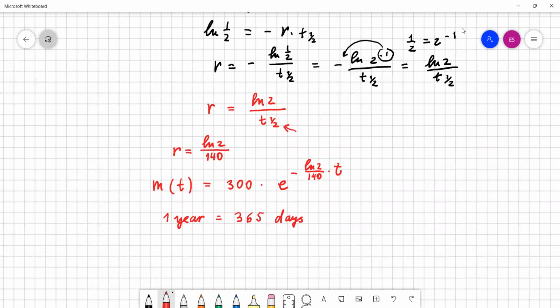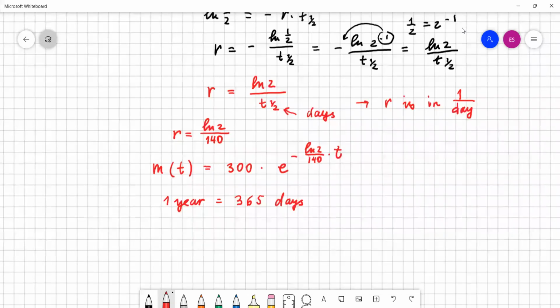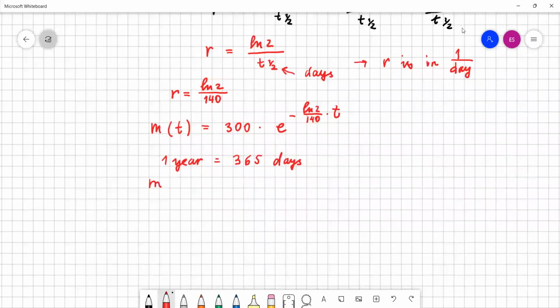Because my half-life was given in days, which means the rate r is in 1 over day. That's the unit, so the time has to be in days because time sits on top. So the mass after 365 days is equal to 300 e to the power of negative ln of 2 over 140, with 365 instead of t. And we just need to calculate everything.